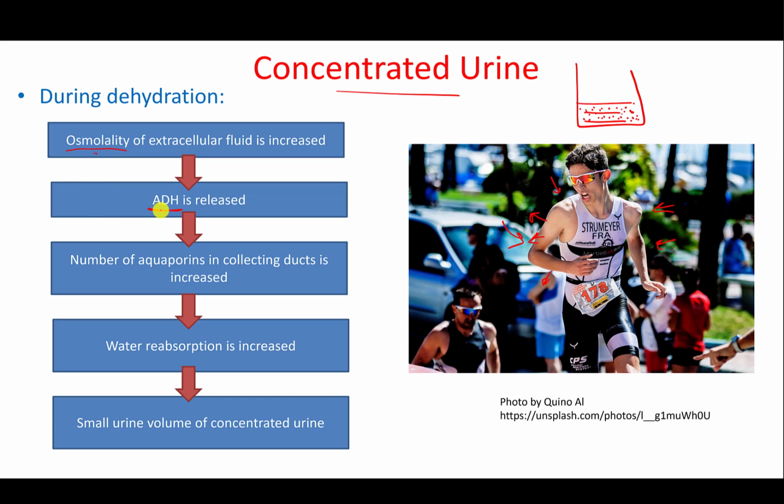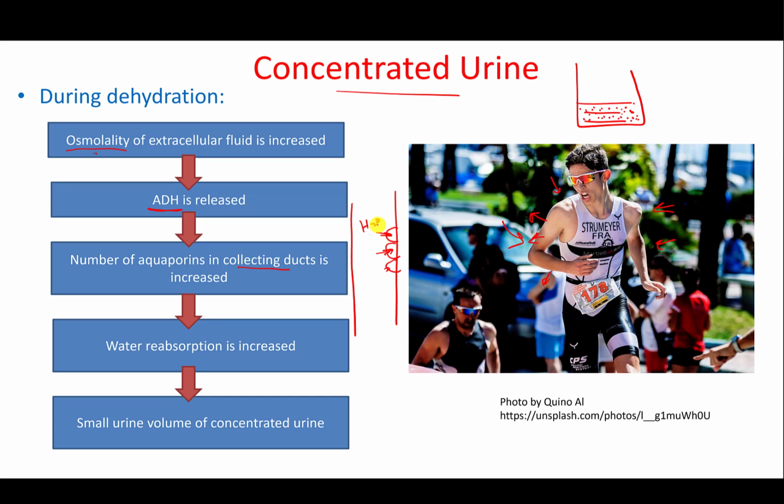The osmoreceptors would check the concentration of the ions, mainly sodium, and if they feel that the concentration of the sodium is a little bit high, they will release ADH. So ADH is released, it will target the collecting ducts, and as we saw in the previous video, it will ask these cells to display more aquaporin, the water transporter or the water channel protein.